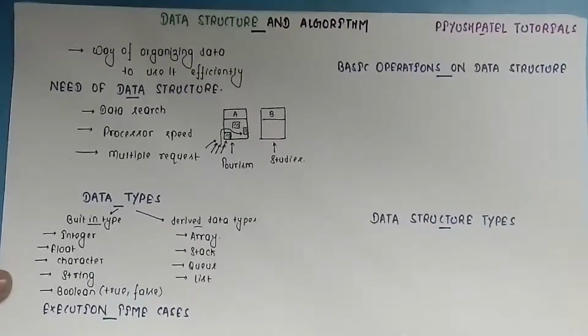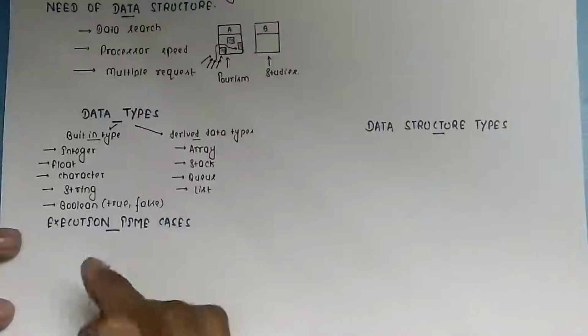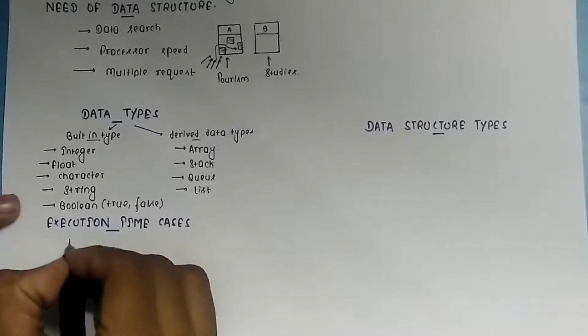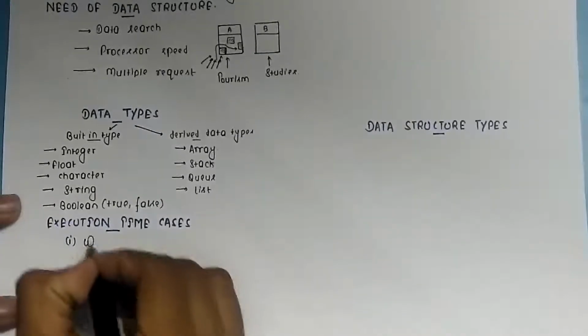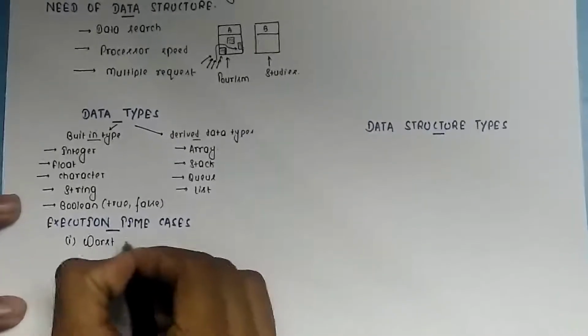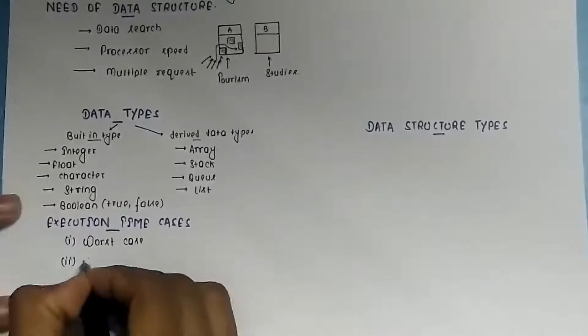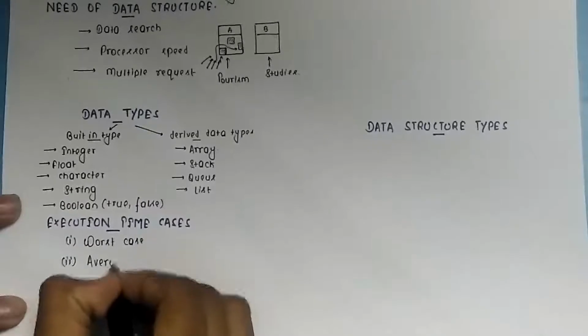Now we will move on to the execution time cases. In execution time cases, we will get to know about the execution time required for any data structure. There are three cases. The first one is the worst case, the second is the average case, and the last one is the best case.